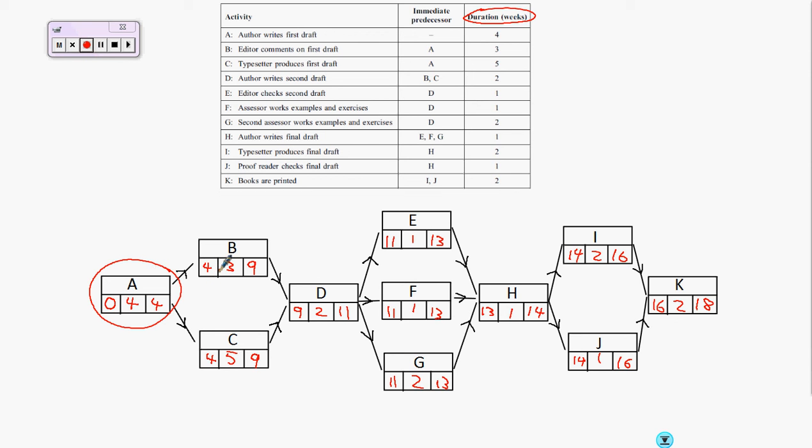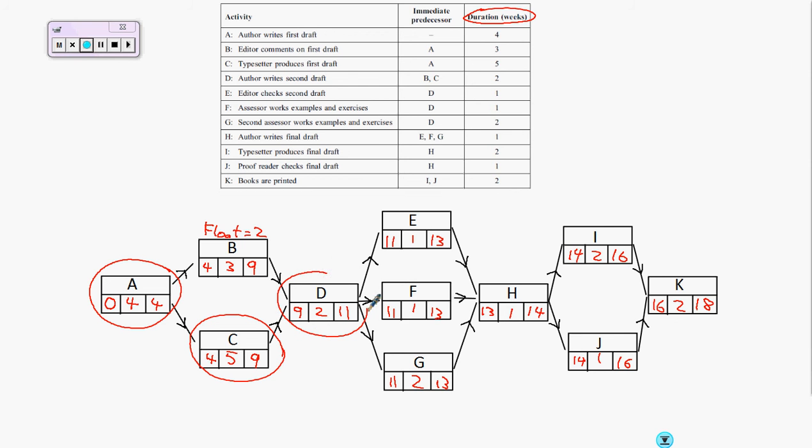B starts at 4 weeks, takes 3 weeks, which makes 7, but only has to be done by 9 weeks. So this one has a float of 2. C starts at 4 weeks, takes 5 weeks, which makes 9 weeks, which is when it has to be finished. So C is critical. D, 11 minus 2 minus 9 gives me 0.